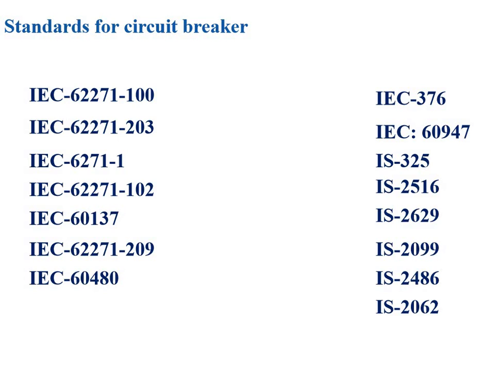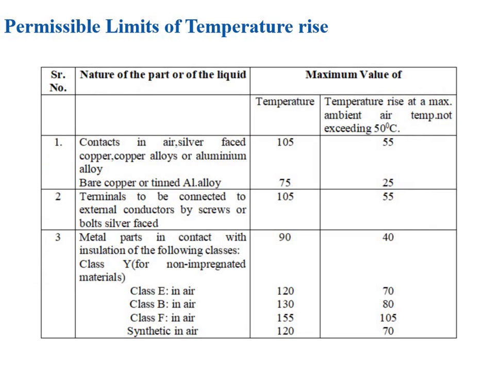Now the one point which is missing is the permissible limits of the temperature rise, as we discussed in the requirements of the circuit breaker. So let us see that table here. All the details regarding the temperature and temperature rise at maximum ambient air temperature are given.